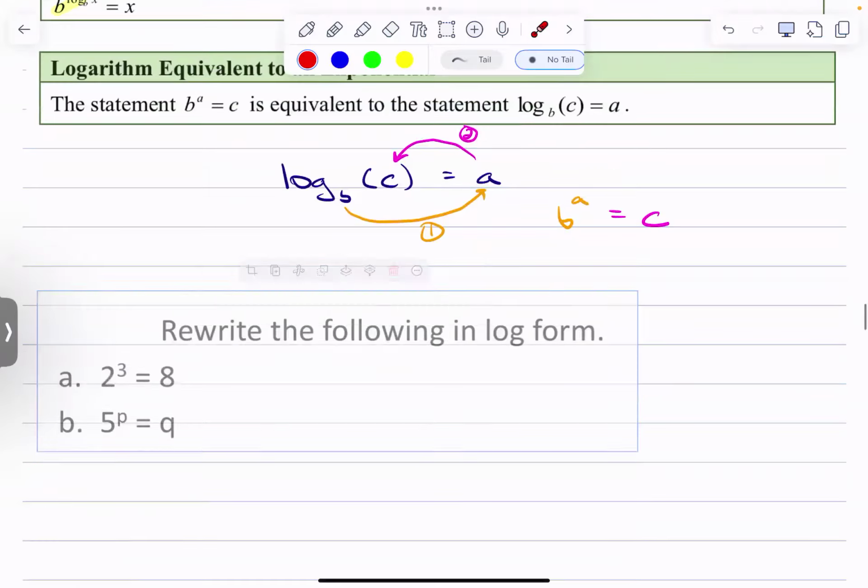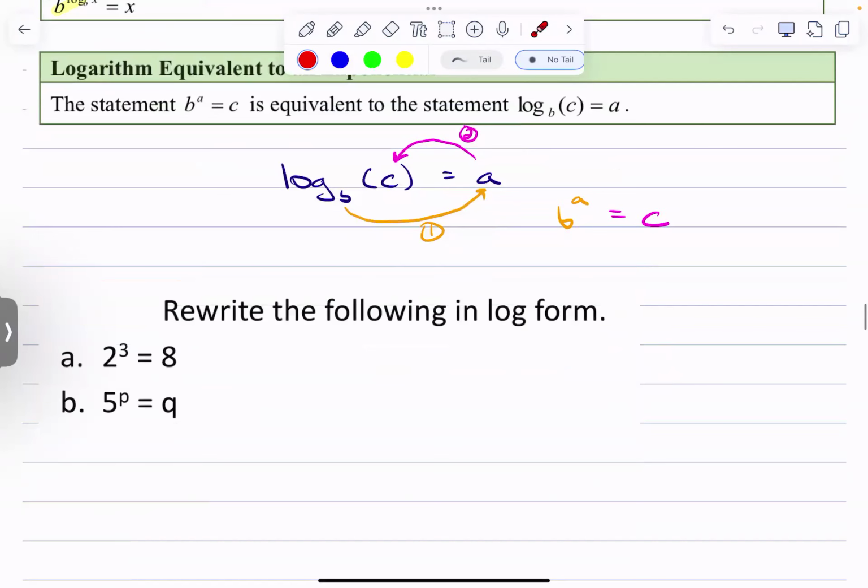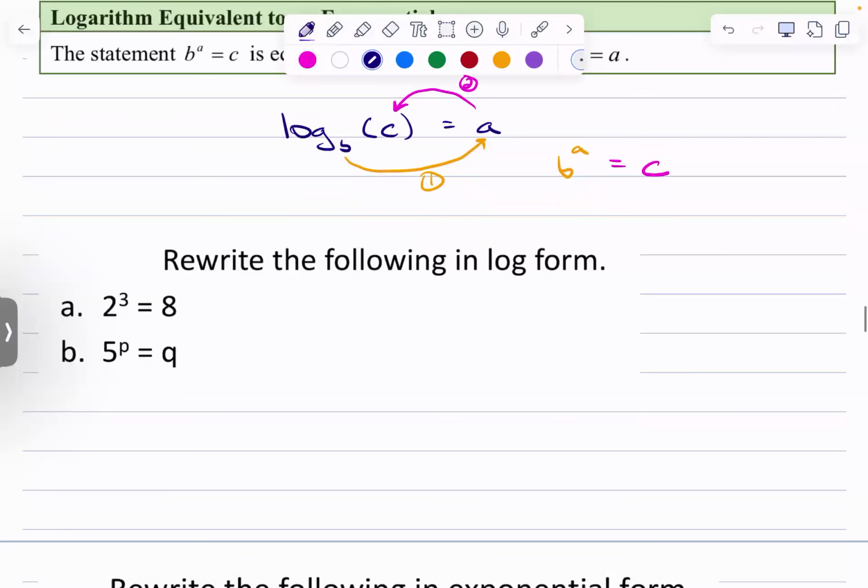Now, let's do some practice. What if we have to rewrite these in logarithmic form? Let's start with a. 2 to the power of 3 is 8. That's true. Of course, all of these will be true.